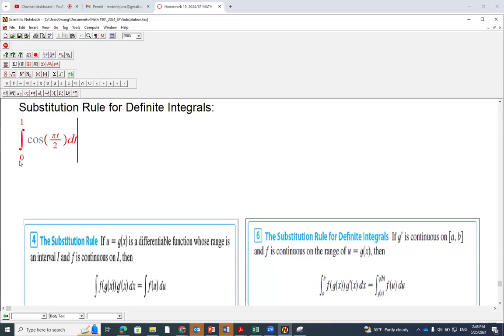So this integral is from 0 to 1 of cosine of pi t divided by 2, differentiating on t. Since we're going to do substitution, one substitution we can do is u equals pi t divided by 2.